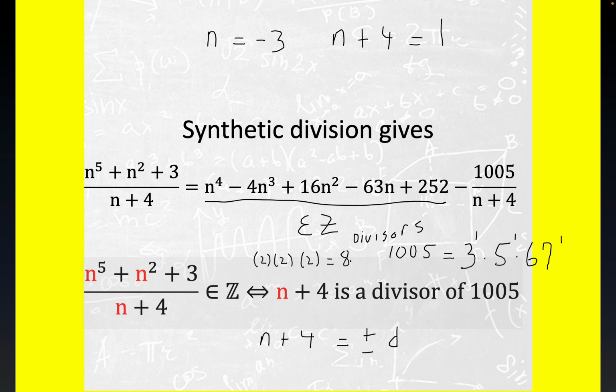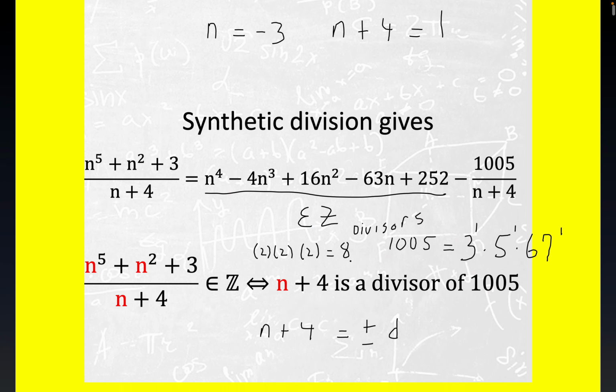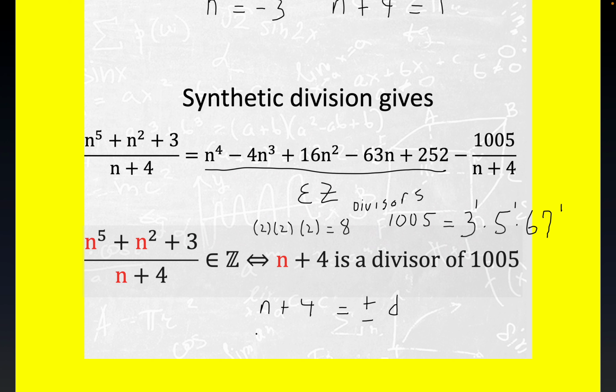But there's 8 of them, and so that means n plus 4 can equal 16 possibilities, integers. Okay, so that's our answer.